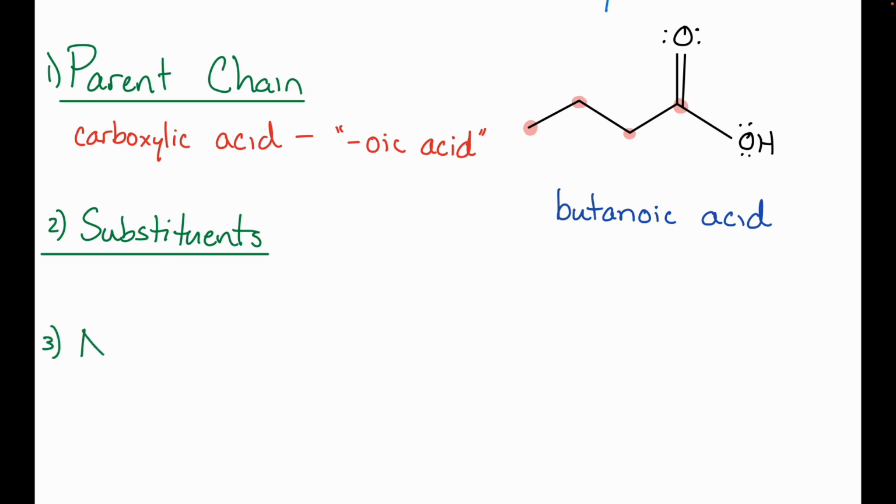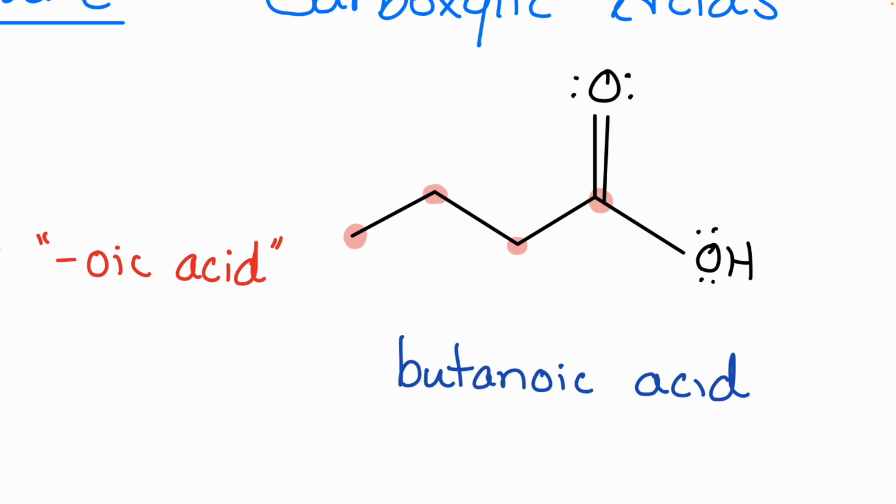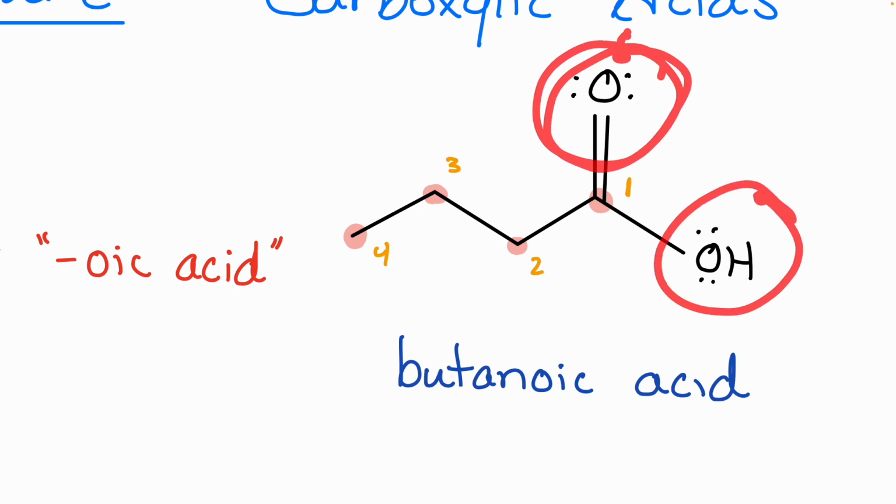All right, we want to number that parent chain. Which way am I going to number? Left to right or right to left here? Right to left, right? So this is going to be carbon 1, 2, 3, 4. And what we want to note here is by the definition of a carboxylic acid, it has a double bond to one oxygen and another bond over here.